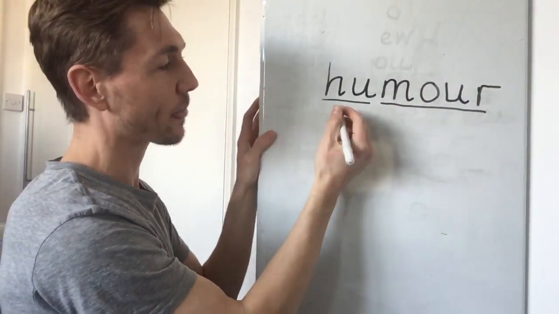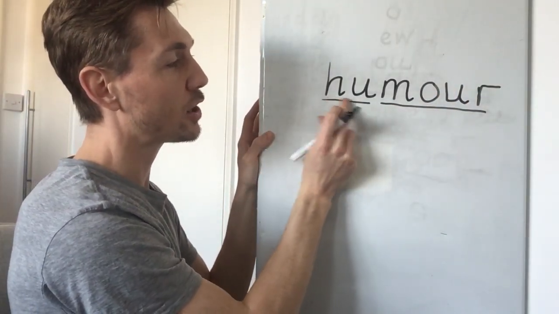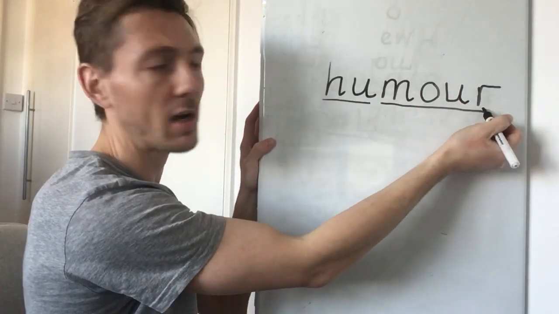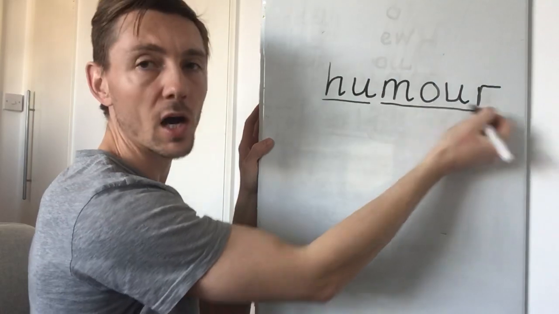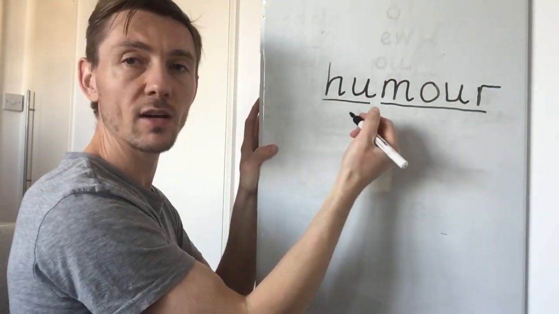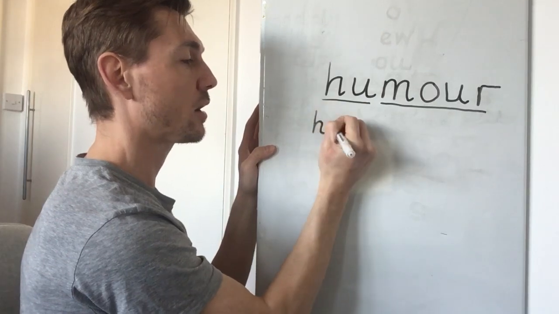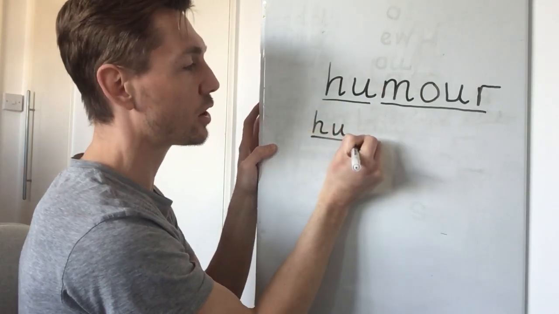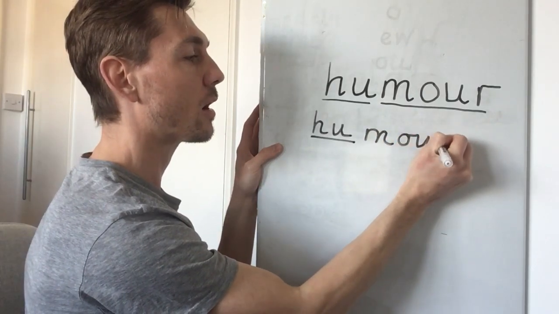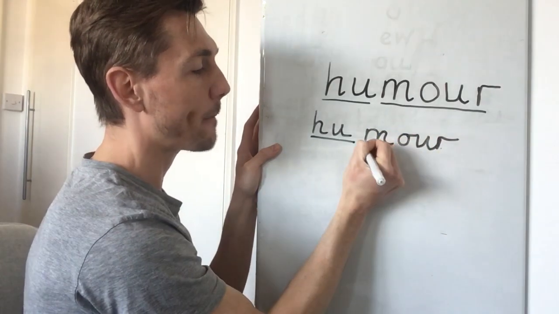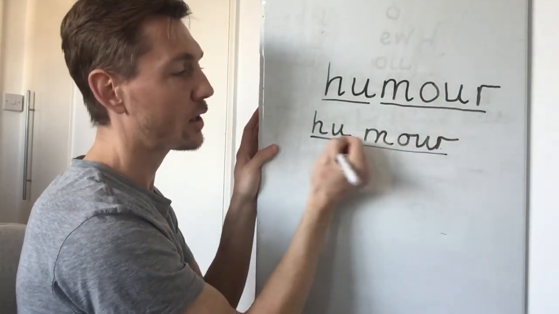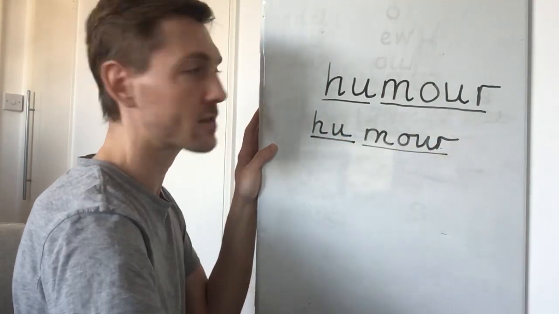Now again, it's spelled humour because we have an O-U-R spelling of the schwa sound, but we don't say humour, we would say humour. So you can hear, can't you, that we've got hu, m, humour, humour, and so on.